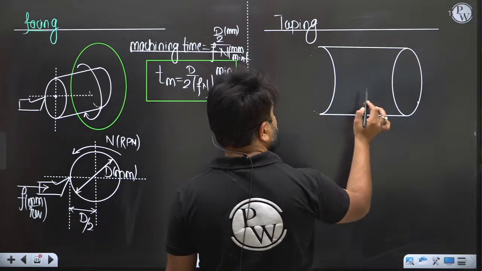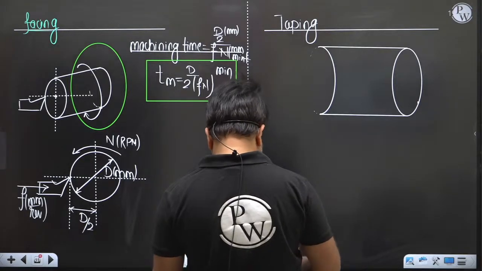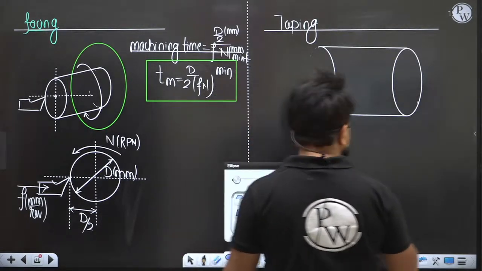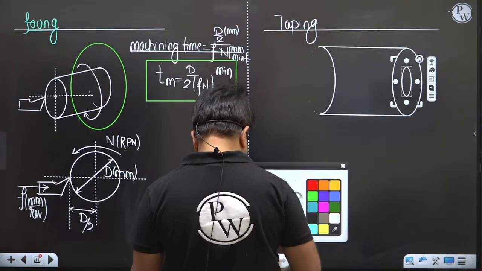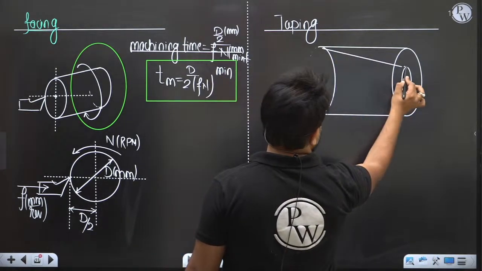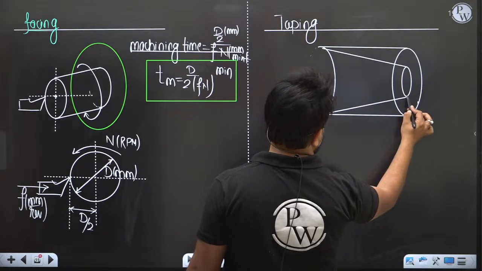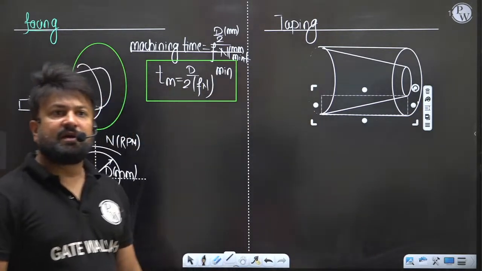And now we have to do a taping operation. Suppose after machining, we are going to produce that tapered surface, right?